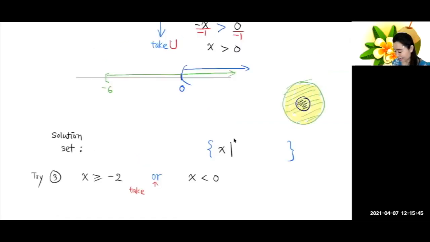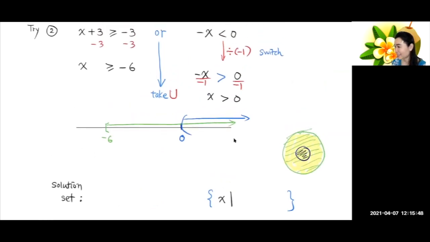Okay. Technically, it is right. However, you can actually simplify that, okay? If you union them together, the blue is already a part of the green, right? So think about this. You see the green is here and the blue is a small part inside.